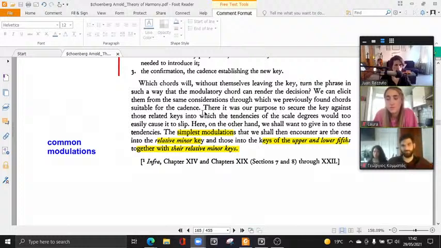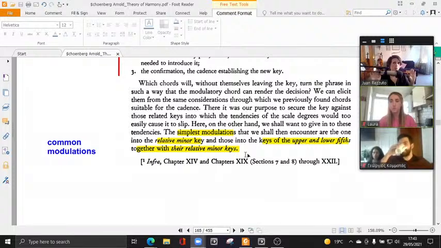Tonic, predominant, dominant, tonic of the new key. There it was our purpose to secure the key against those related keys into which the tendencies of the scale degrees would too easily cause it to slip. Here, on the other hand, we shall want to give into these tendencies the simplest modulations that we're going to deal with.